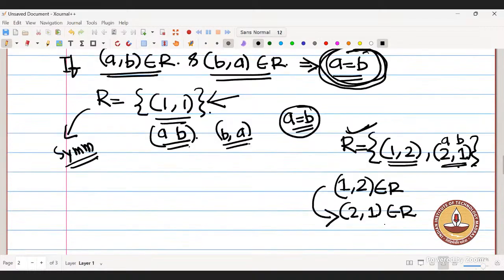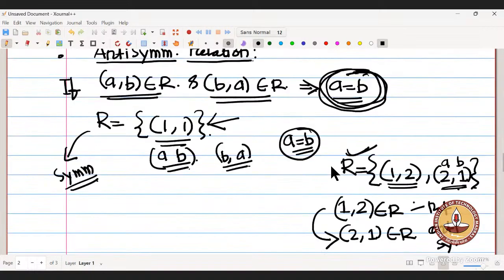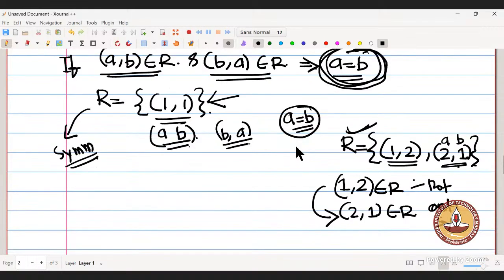So that's why this is not anti-symmetric. Sir, is the identity relation an anti-symmetric relation? Yeah, it is anti-symmetric. Yes.